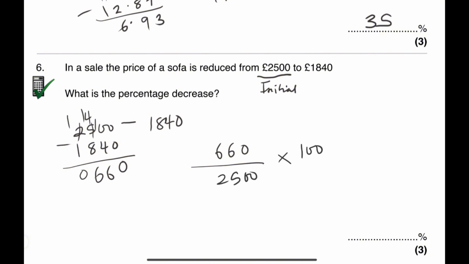So we cancel these two zeros. So 25 will go into 66 exactly 2 times. Remainder 16. And 25 will go into 160 3 times. Remainder 10. Then add 0 to that, then the decimal here. Then 25 into 100 goes 4 times. So the answer is 23.4%.